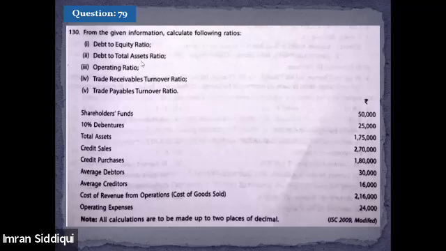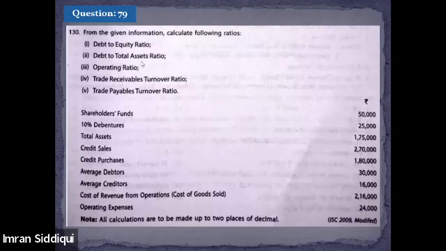How did you get 30,000, Prerna? I think you took the wrong value. I'm not sure whether you took the value of the average debtor or something else.